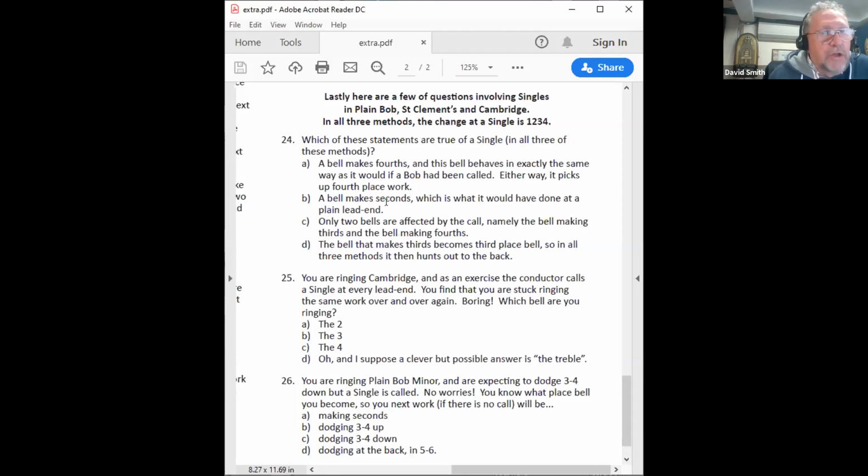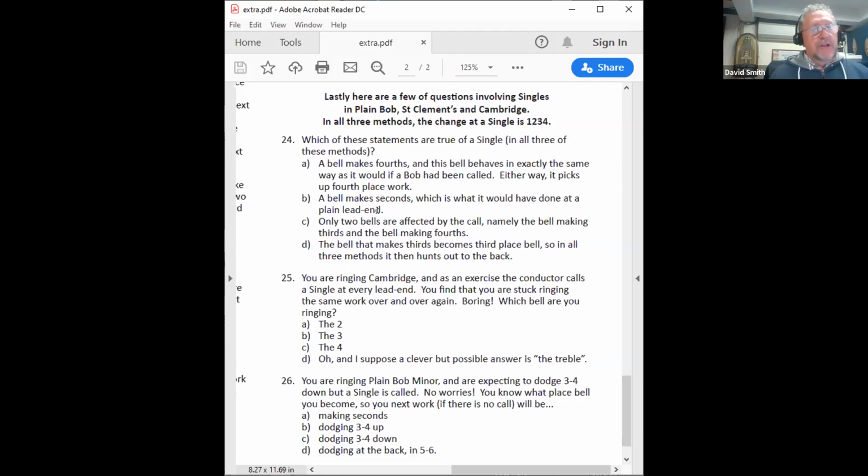So what we've got is 5 and 6 at the back are going to dodge as usual. A bell makes fourths, which it would have done at a bob, but not at a plain lead end. Also, a bell makes seconds, which it would have done at a plain lead end, but not at a bob. Either way, they're doing something they've done before.